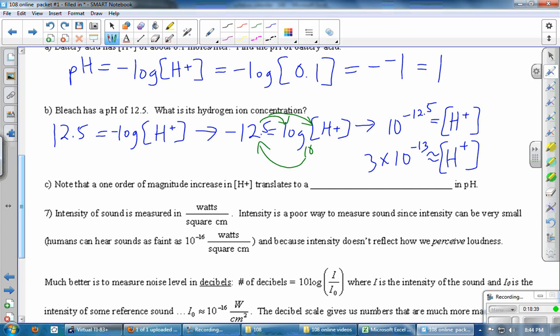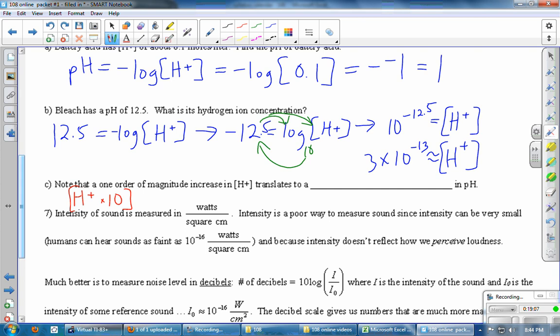So we're going to take the H plus that we had, and increase it by 1 order of magnitude. Increase it by 1 order of magnitude means multiply it by 10. So we're going to multiply this thing right here by 10, and that's going to give us the new hydrogen ion concentration.